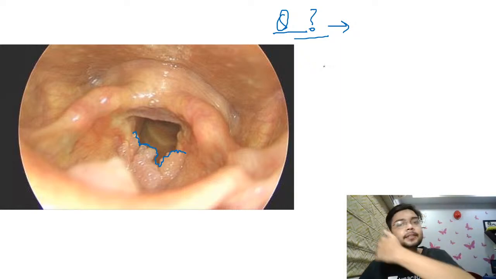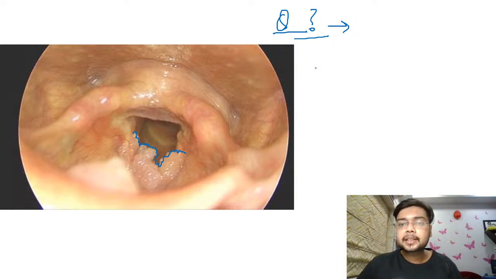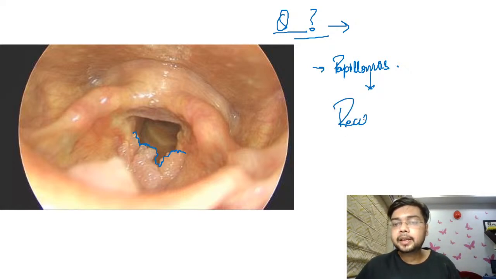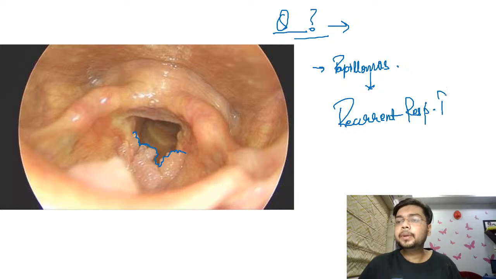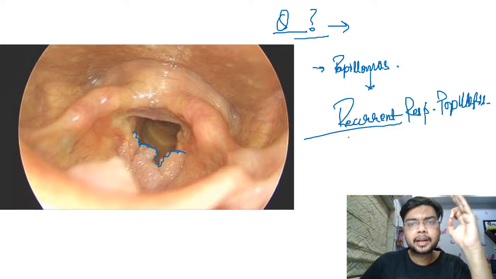So yes, the structures that you can see are papillomas, and the condition that I explained by the scenario is recurrent respiratory papillomatosis. What you all need to know about this is the causative organism.